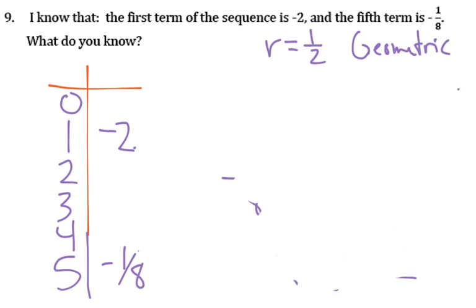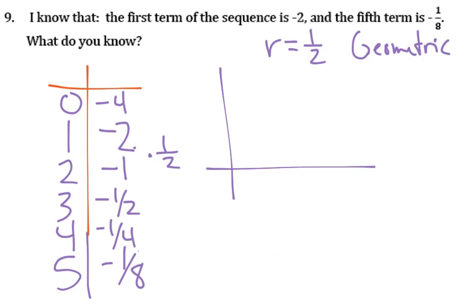So let's get rid of that. We times by 1/2. So this would be -1, -1/2, -1/4, -1/8. Going backwards, -4. So we can graph that, right? 0, -4, 1, -2, 2, -1, 3, -1/2.